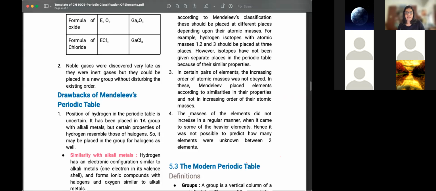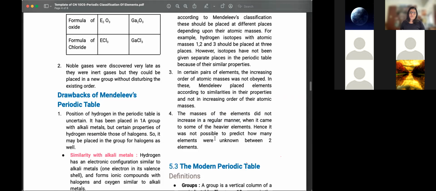Okay. And the fourth drawback is that the masses of the elements did not increase in a regular manner. Like in some places it would increase like 1, then 7 came, like hydrogen and then lithium, and then beryllium was 8, after that it'll skip to 10. It's not a regular increase when it came to the heavier elements.